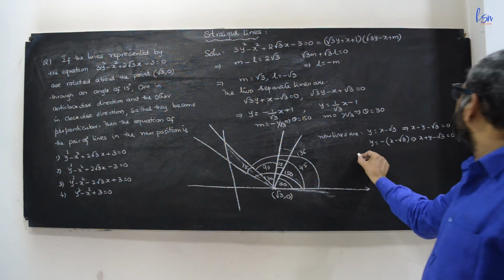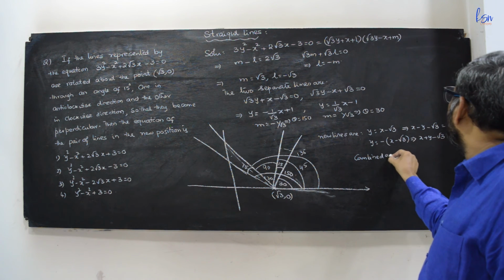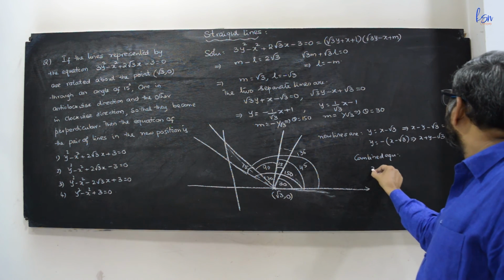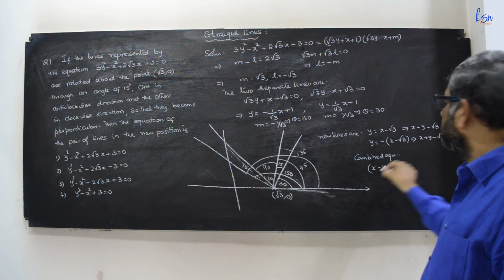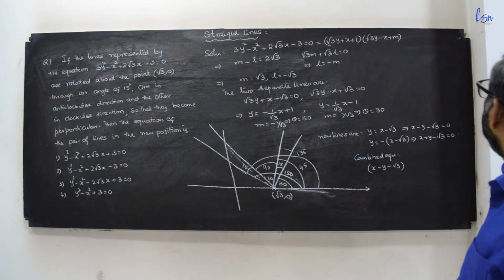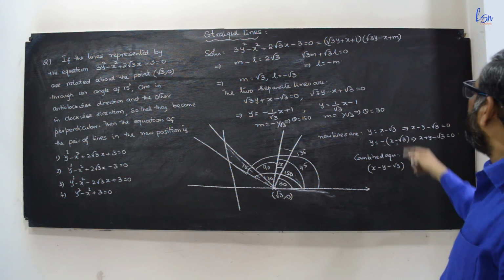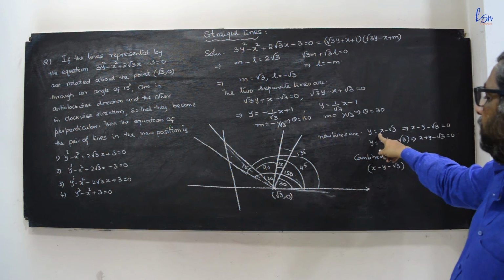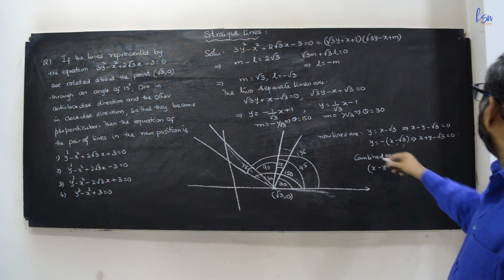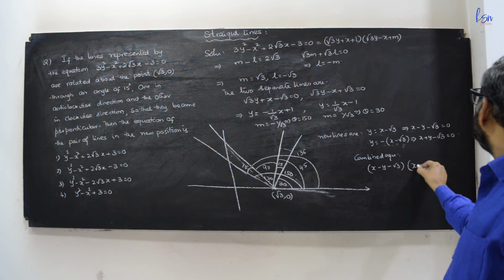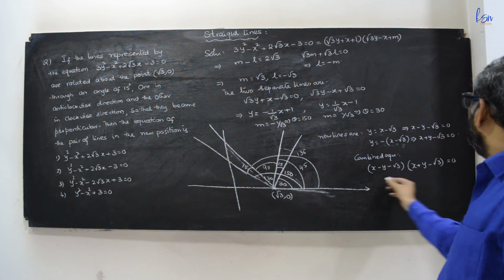Now the combined equation is x minus y minus root 3 into x plus y minus root 3 equal to 0.